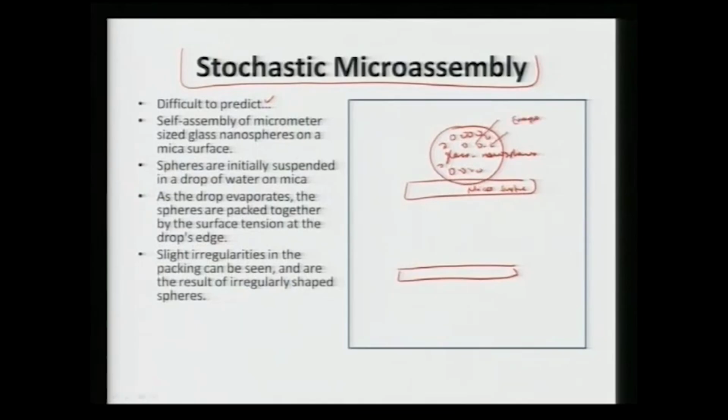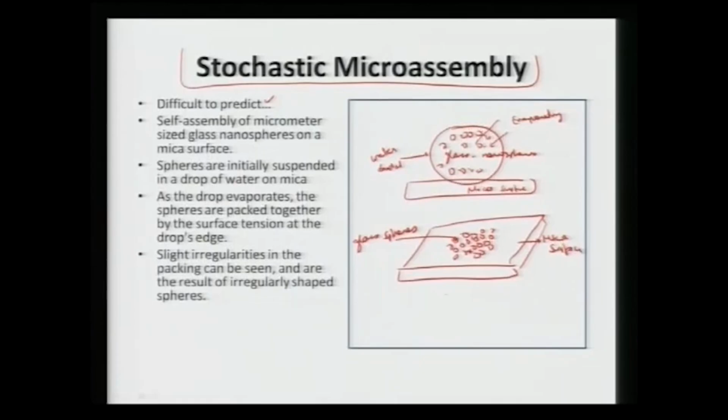Essentially, once this water droplet starts evaporating, we can see that these microspheres of silica start forming a structure on the mica surface. These are your glass spheres, this is the water droplet, and this is your mica surface.